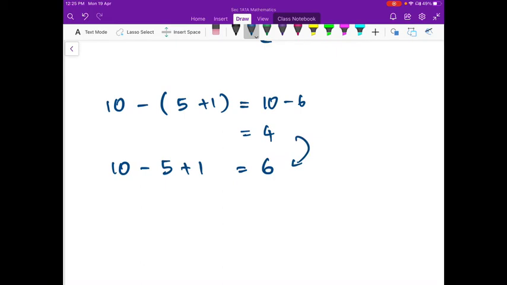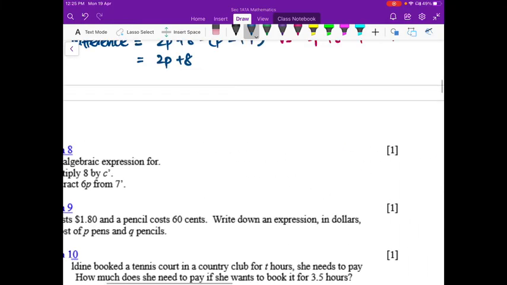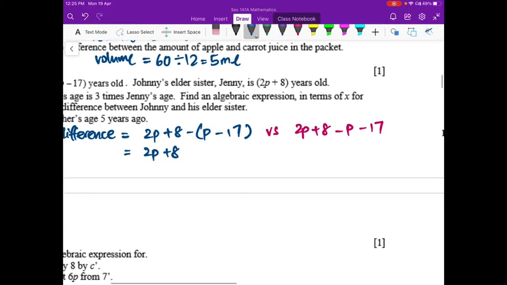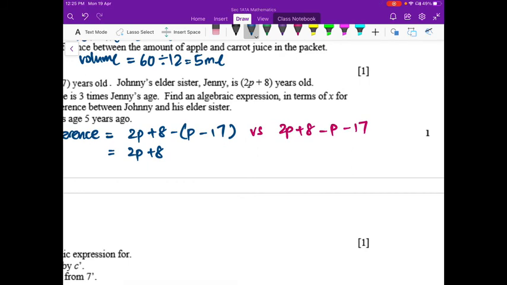They are not the same. The bracket over there makes a difference. So my point over here, the bracket makes a difference.